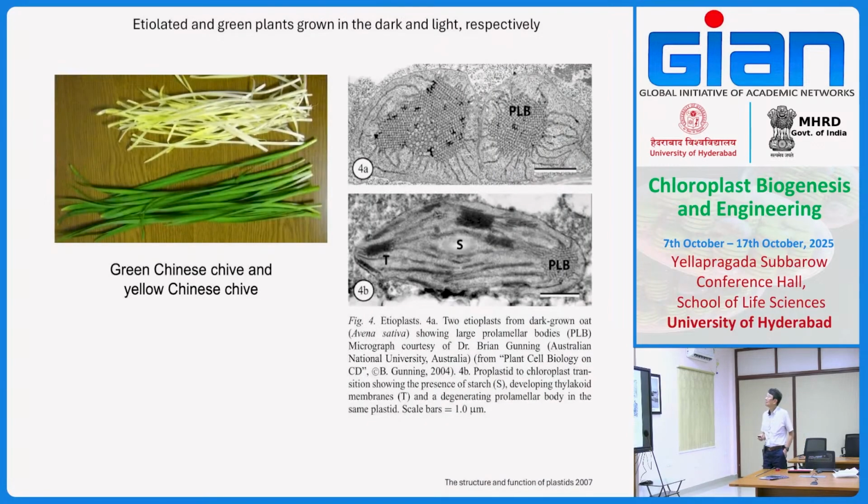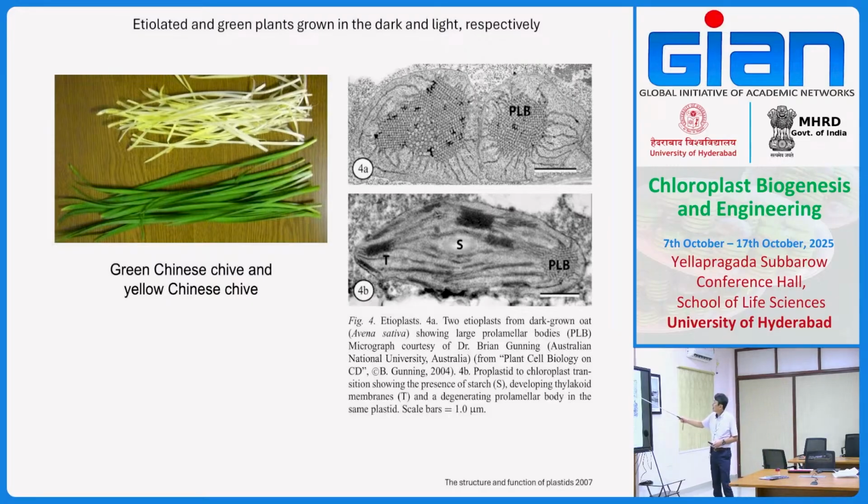If you look at the plastid of these green and yellow plants, the green plant has a chloroplast, as you know, and the yellow plant has an etioplast instead of a chloroplast. Inside, the membrane system has a crystalline membrane structure like this, called the prolamellar body.